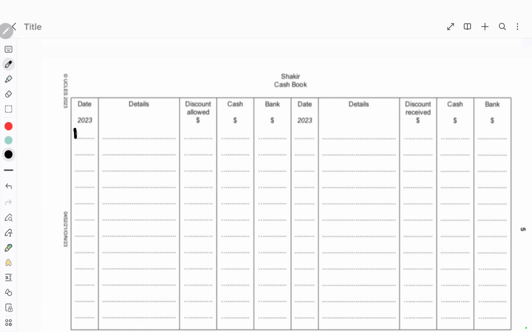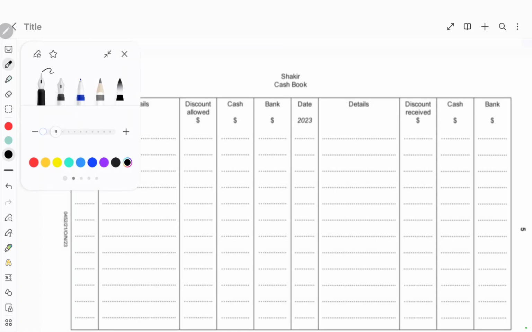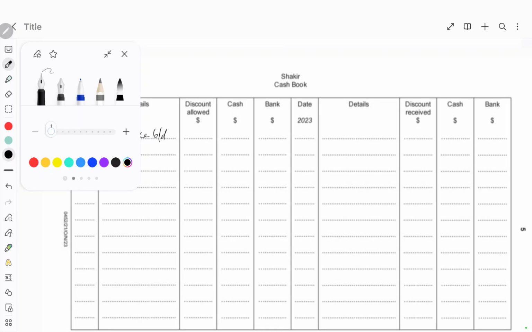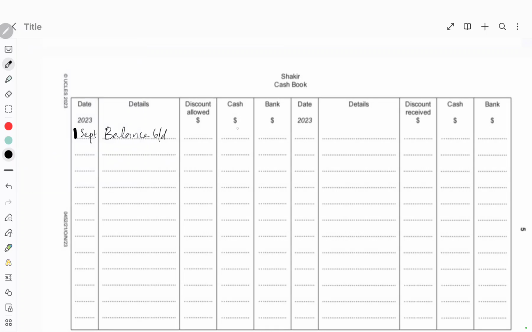So right here, 1st September, balance brought down. Okay, so on 1st September you take balance brought down, that is 1682, isn't it? So 1682 you can write here, because we don't have a balancing figure for cash in this question.